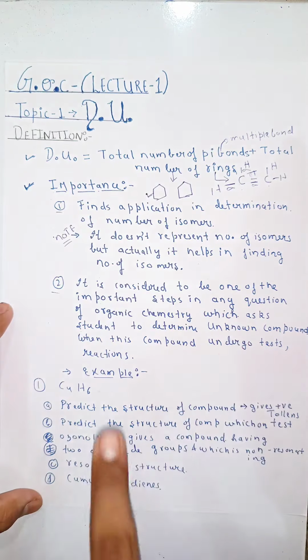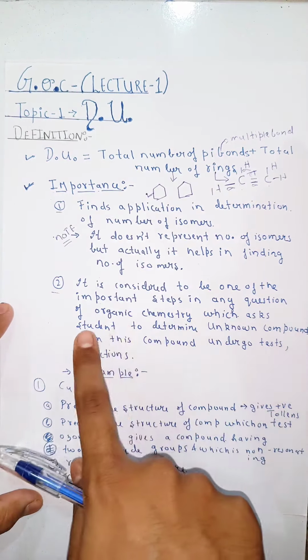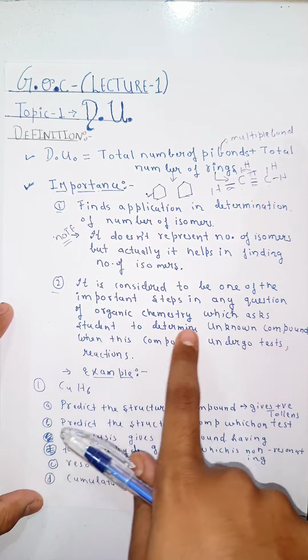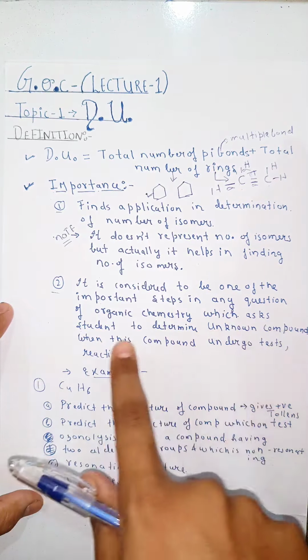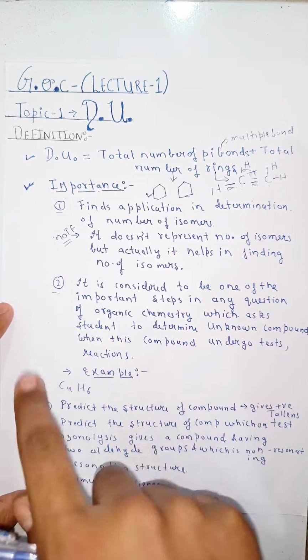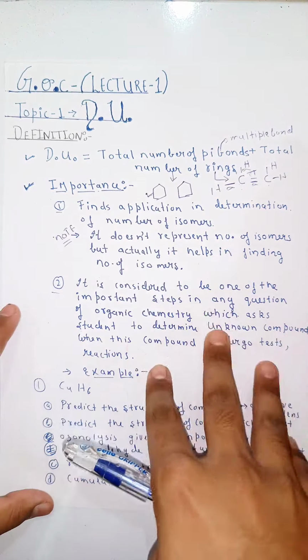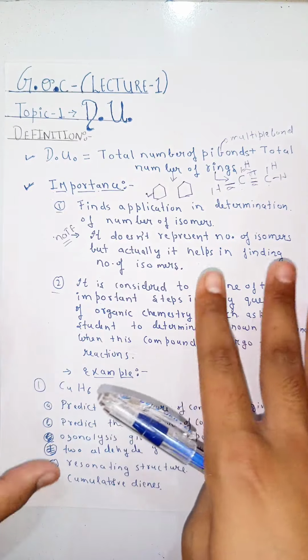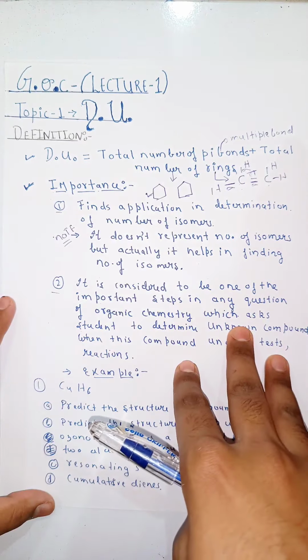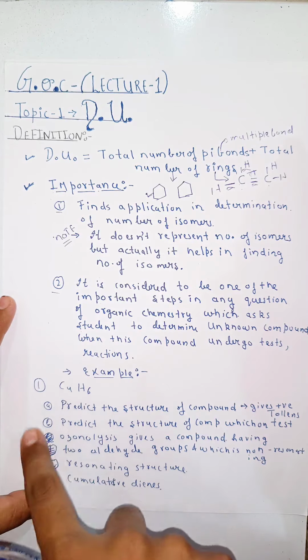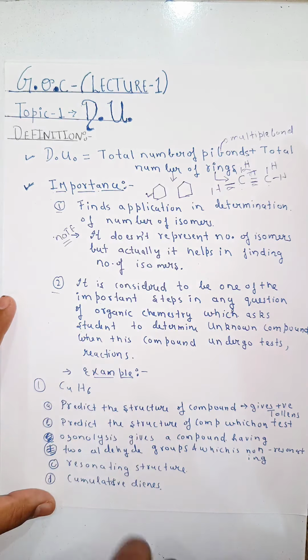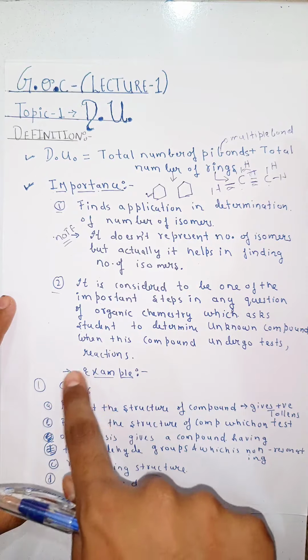Okay, second, it is considered one of the important steps in any organic chemistry question which asks students to determine an unknown compound when this compound undergoes tests and reactions. To understand this, suppose we have been given a compound. As an example, let us take this example, which we will be solving at last. Suppose this compound has been given to us.